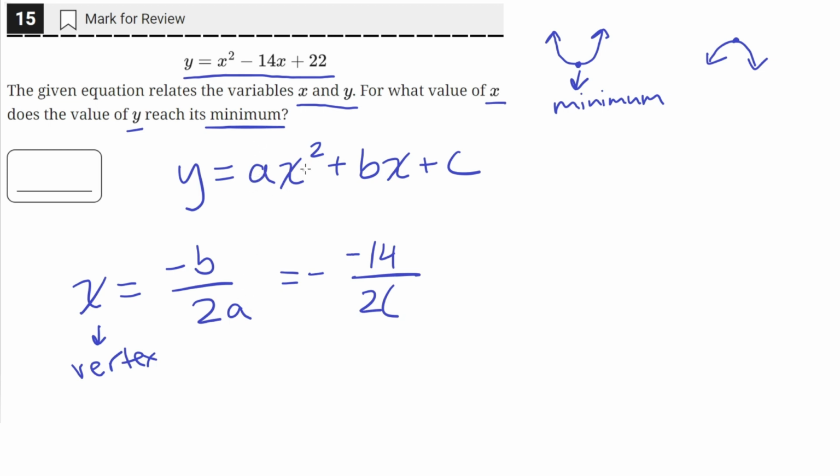A is the coefficient of the x squared term, so in this case, it's just 1. So 2 times 1. These negatives cancel out, so we'll just have 14 over 2 times 1, which is 2, which is equal to 7. So the x-coordinate of the vertex here is 7. So that 7 will be the answer.